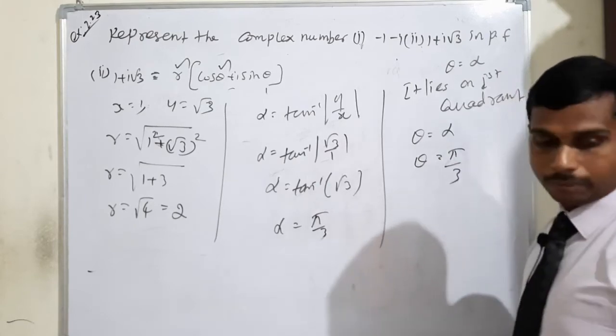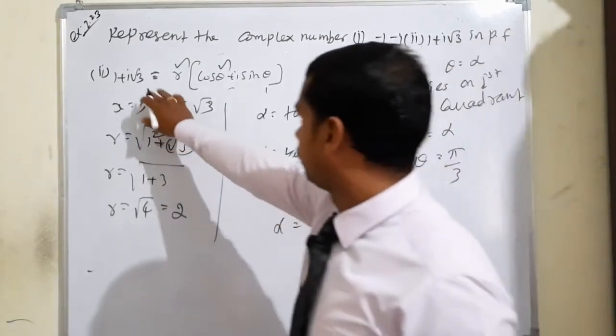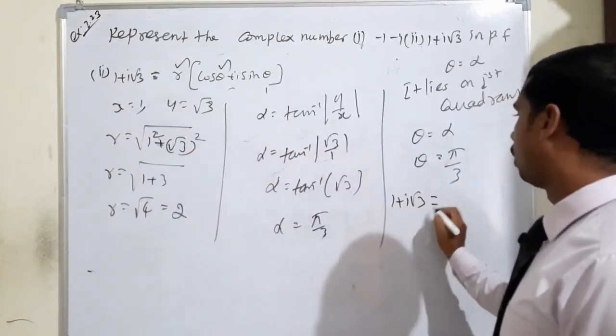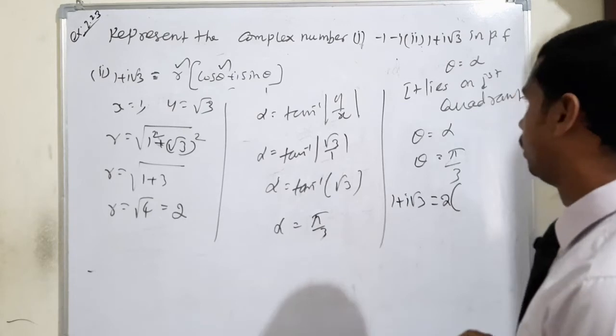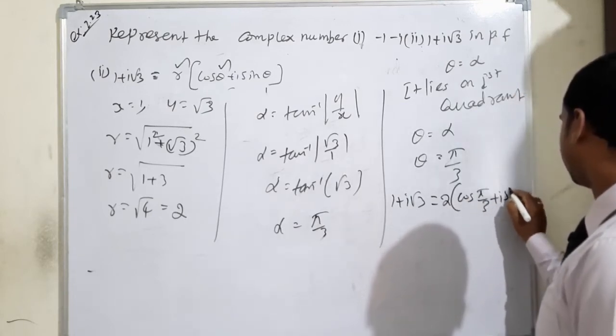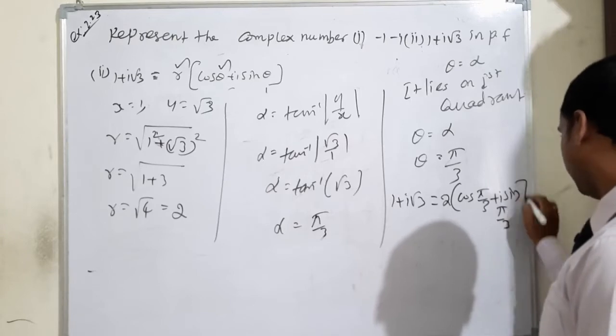So, with theta equal to pi by 3, what is the basic form? 1 plus i root 3 is equal to r value 2 into cos pi by 3 plus i sin pi by 3, isn't it?